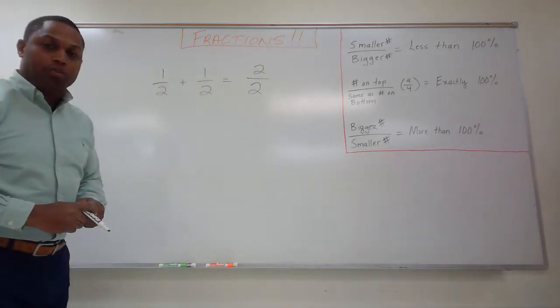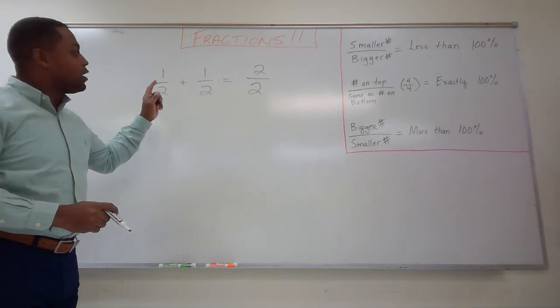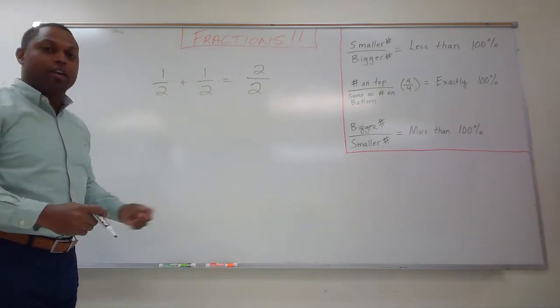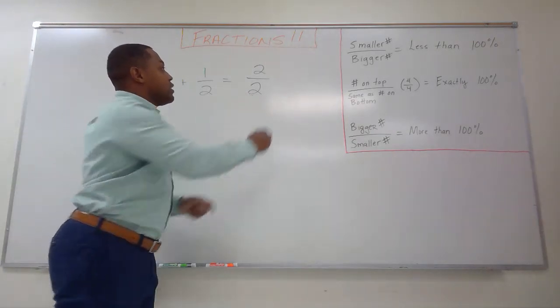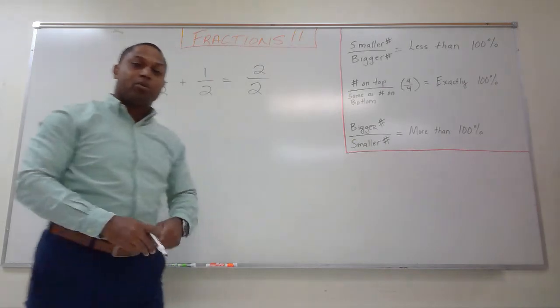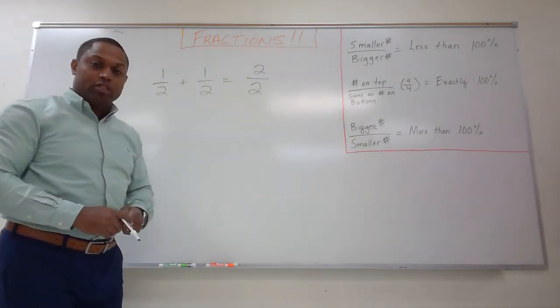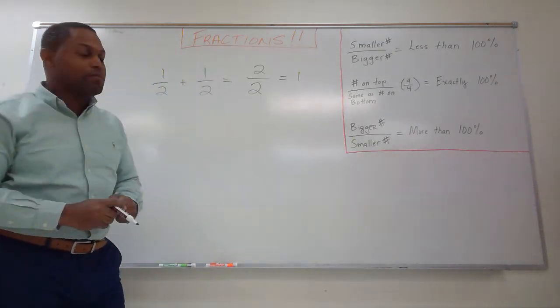That's pretty straightforward. If you had a half of a pie here and a half of a pie there, and you put both halves together, then you would have 100%, right? When the number on the top is the same as the number on the bottom, you would have 100% of that pie. You would have one pie.